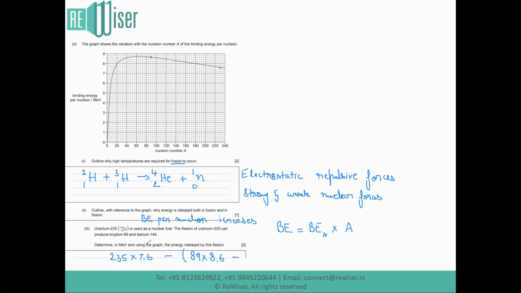And the last element, barium, with a mass number of 144, has an approximate binding energy per nucleon of 8.2 on the graph. Simplifying this, we get the energy released, in terms of mega electron volts because that is what the graph is plotted for, to be equivalent to 160 mega electron volts. So the energy released during this reaction is 160 mega electron volts.